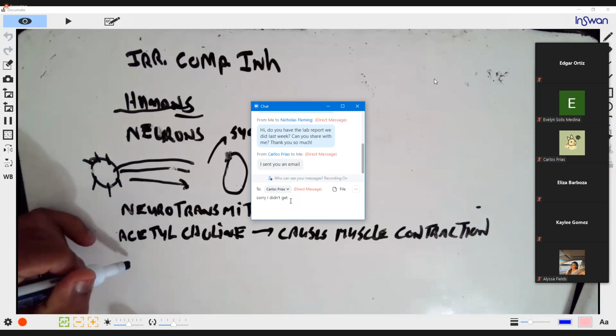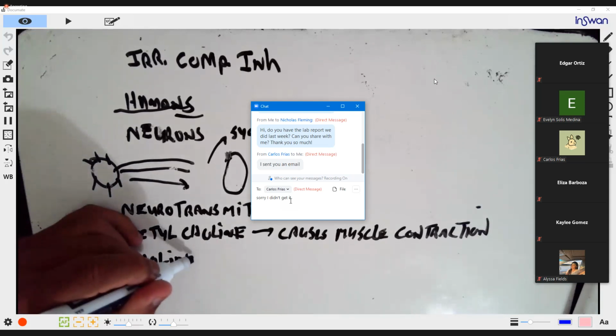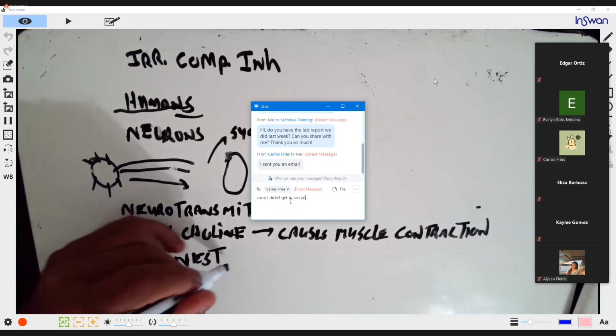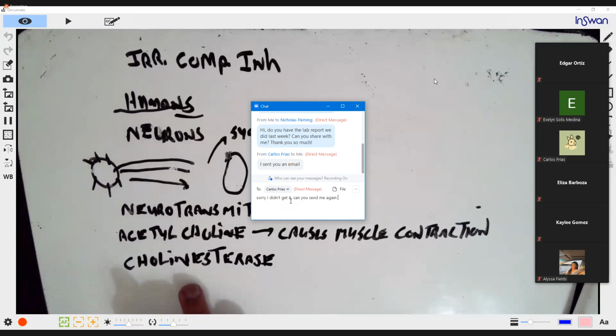So we have an enzyme called cholinesterase that breaks down the acetylcholine and gets rid of it after it's done its job.